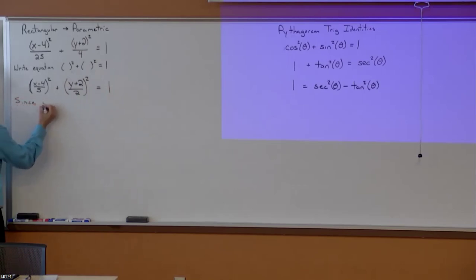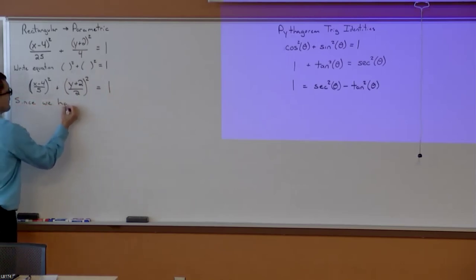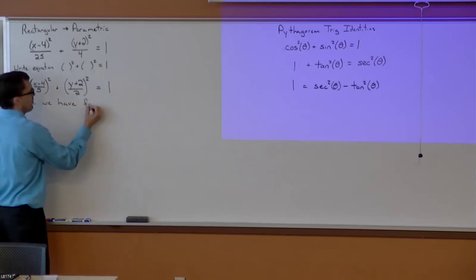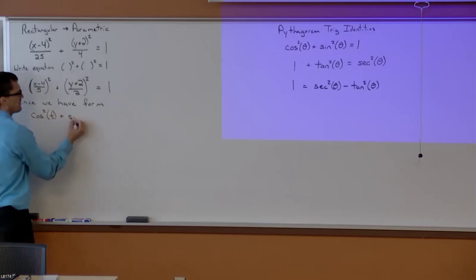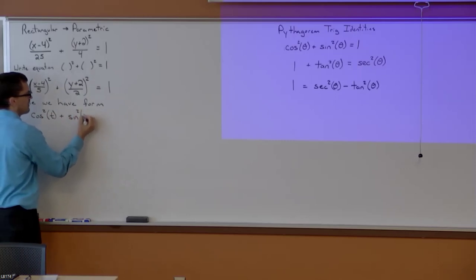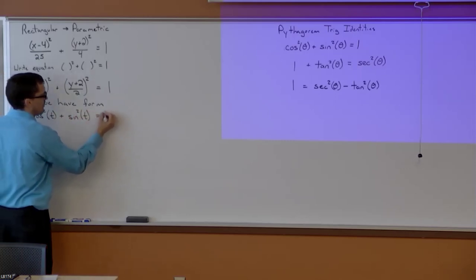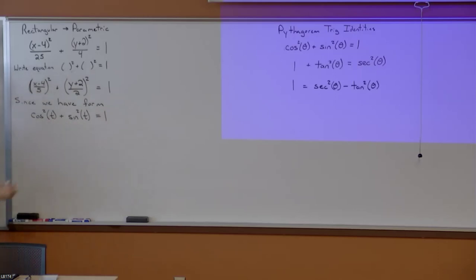And then, since we now have the form cosine squared of t plus sine squared of t equals 1, you can also use theta there if you prefer to use the variable theta. Moodle will tell you which variable to use, t or theta or whatever.